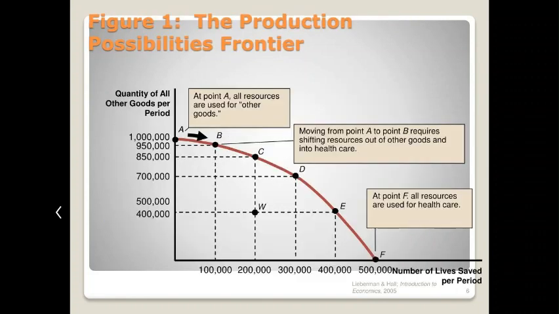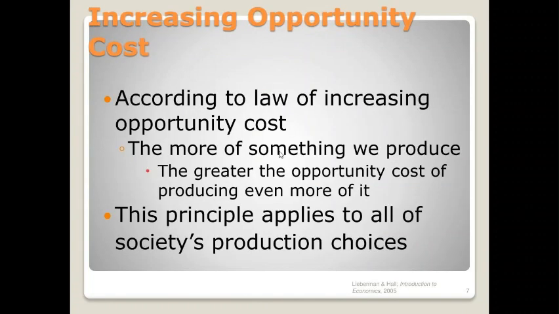As we see in the diagram below, as we go down, there's a decrease in the quantity of goods per period due to the increasing number of lives saved, and that creates a marginal increase in the number of lives saved. But while it does that, it creates a marginal decrease in the goods per period. And that's what we mean by the greater the opportunity cost of producing even more of it.